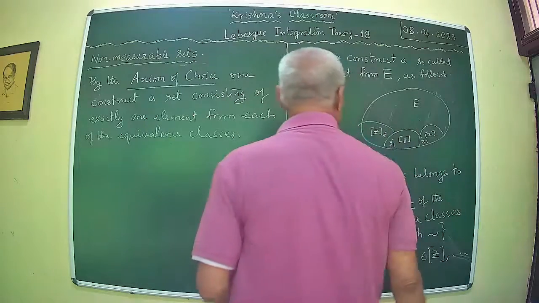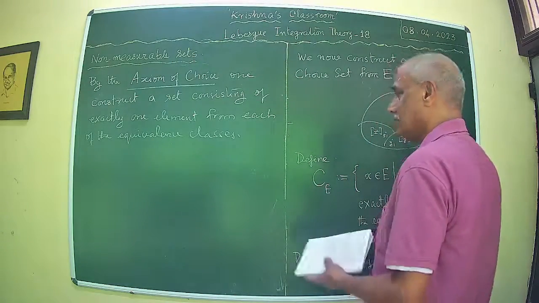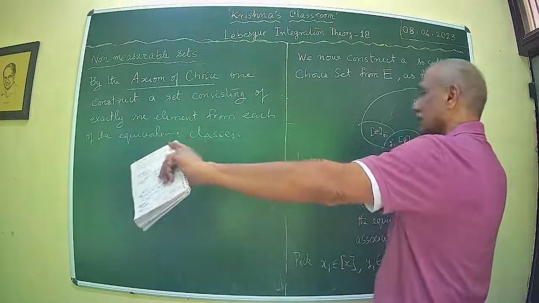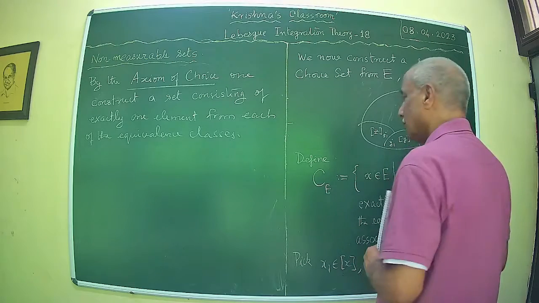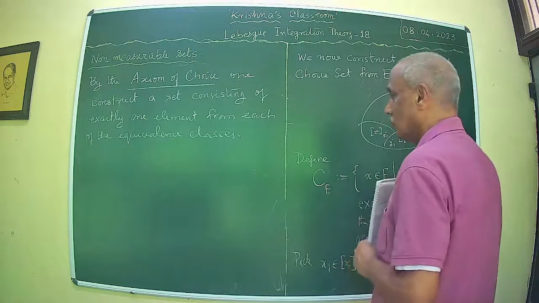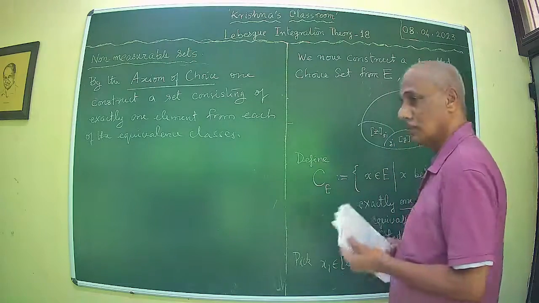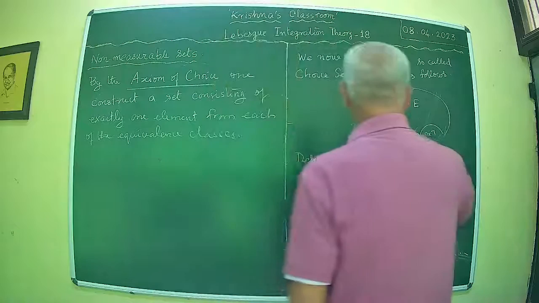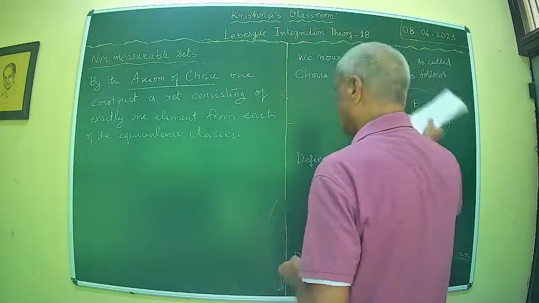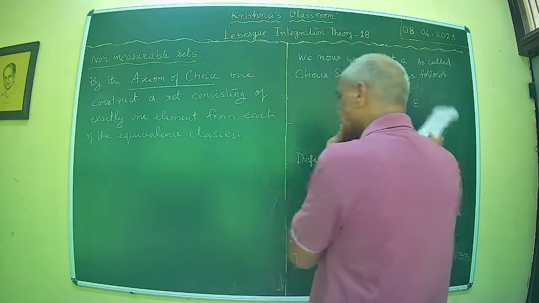an E with a positive outer measure. What does it mean? It cannot be a countable collection. It's uncountable. Therefore, when you build this kind of equivalence classes, then you see how many such elements are there.